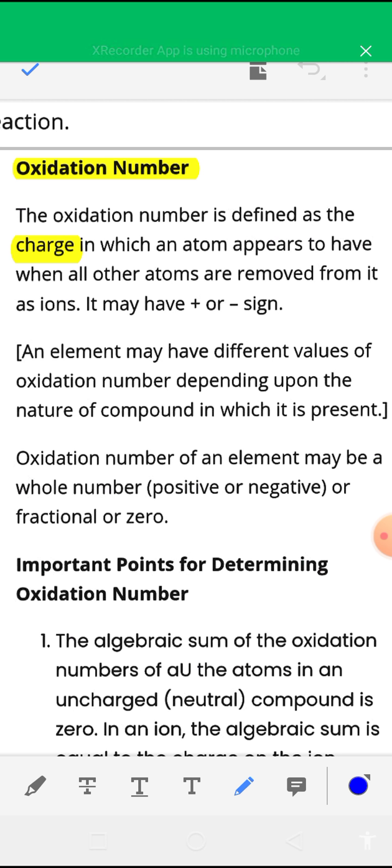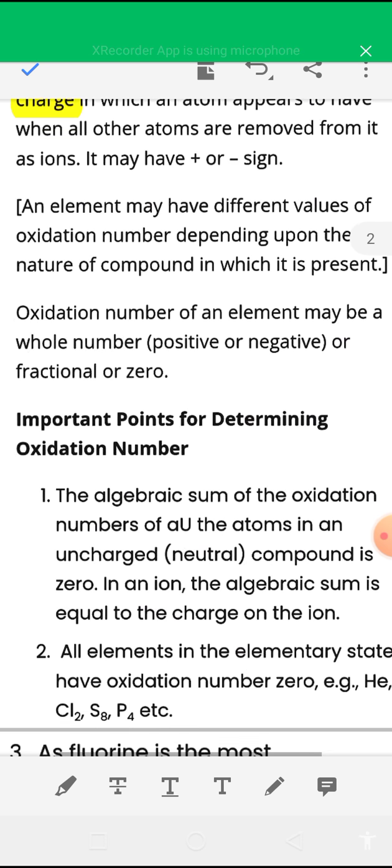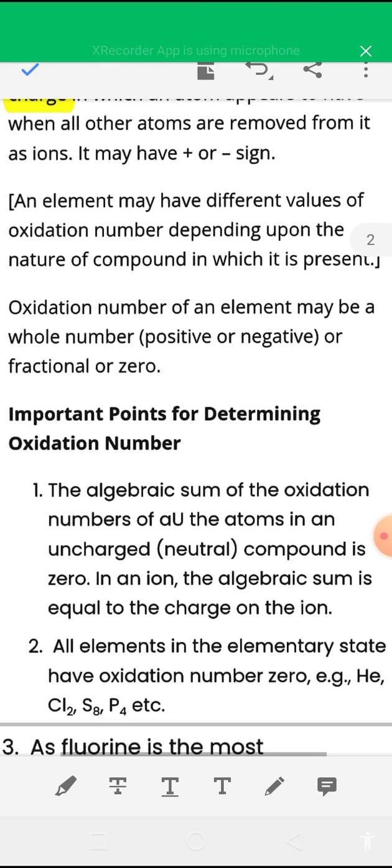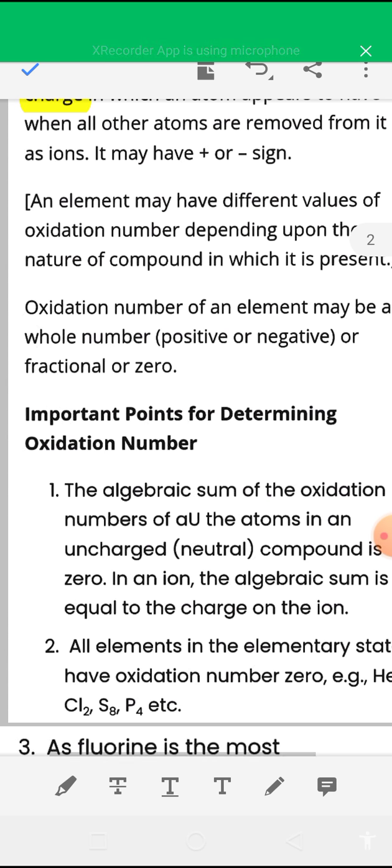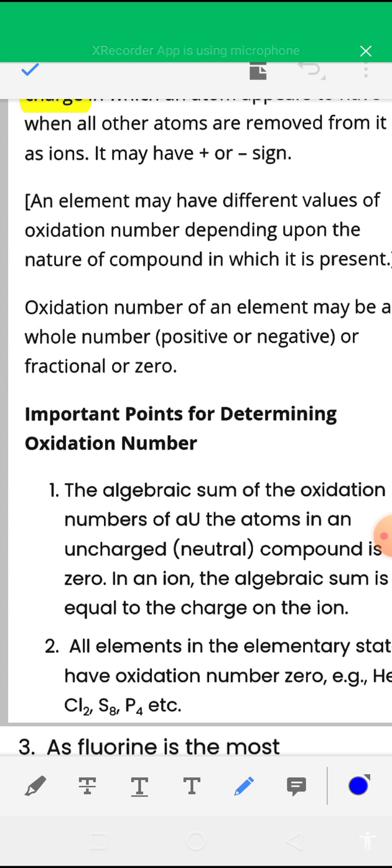The same element can have different oxidation numbers in different compounds. Now, the oxidation number of an element may be a whole number. It may be positive, negative, or fractional, even 0.